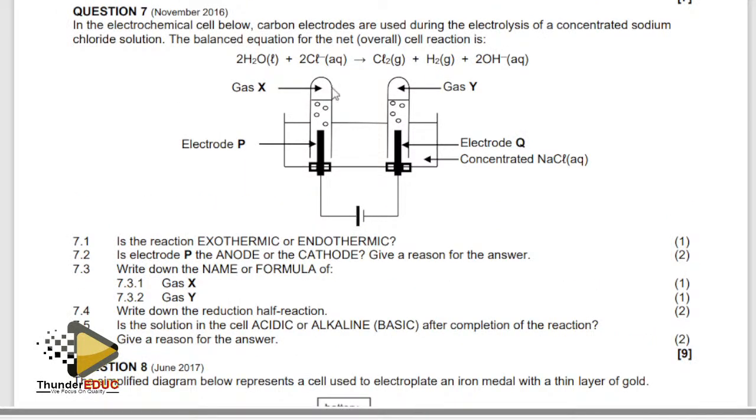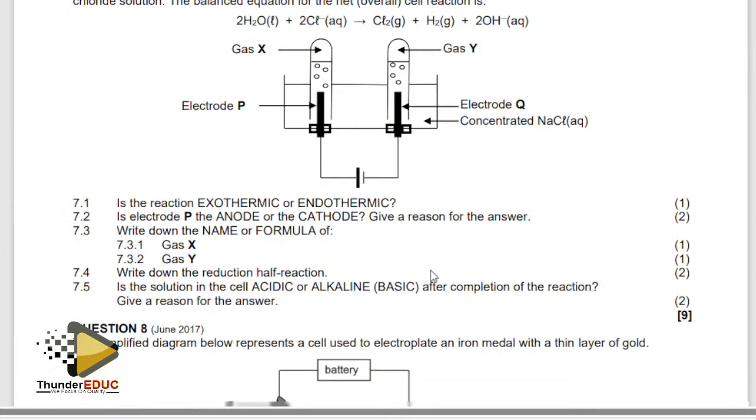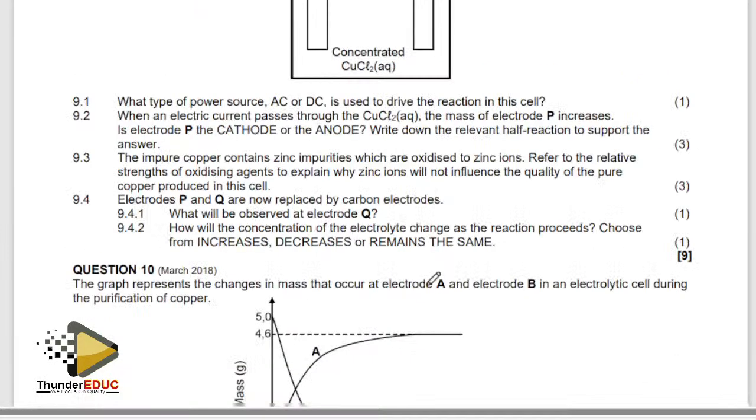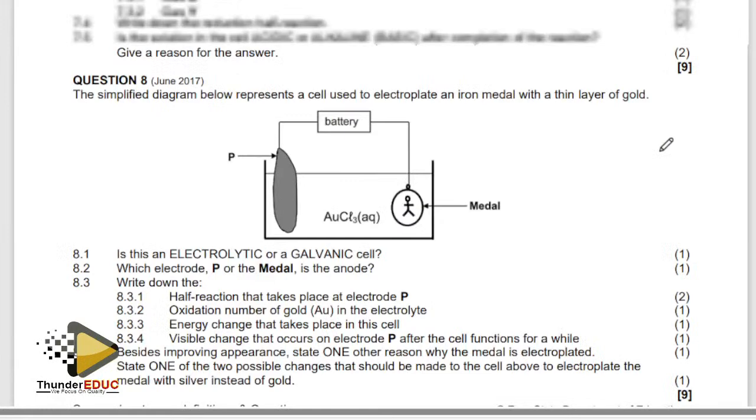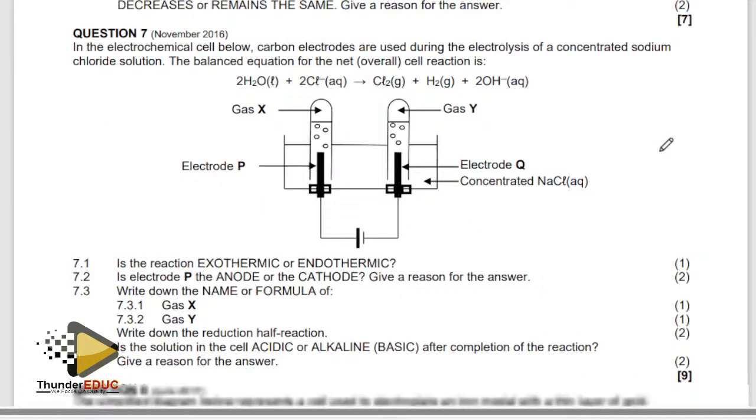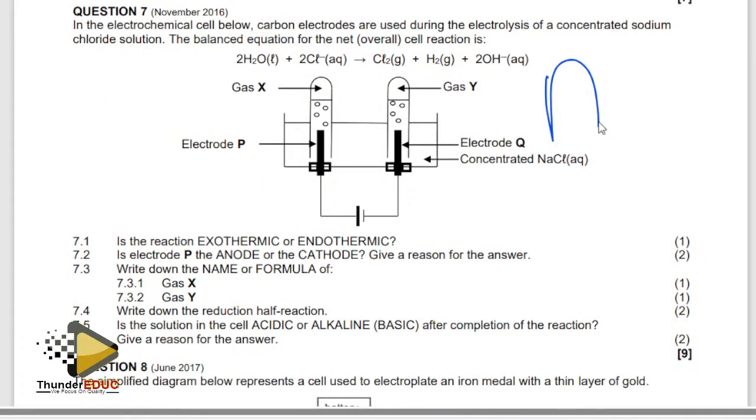This is the one which I was saying: what if it is a gas? If it is oxygen, how will I know that this is oxygen and this is another gas? The way you can identify that is you look at the mole ratio. In most cases, they give you two of them, and then this is half, and then this is like this.